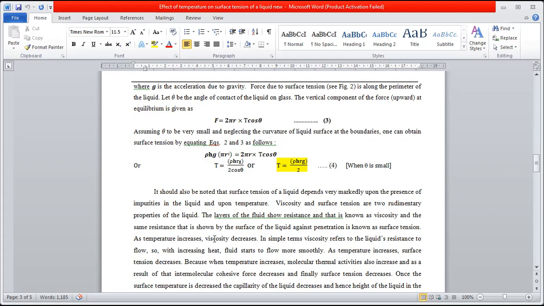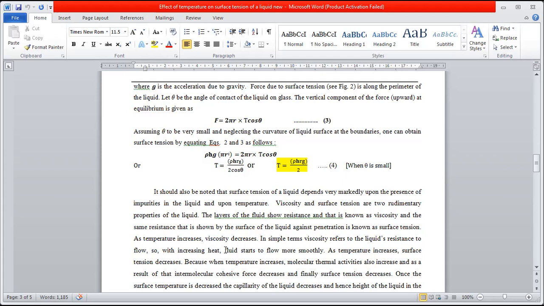And the same resistance that is shown by the surface of the liquid against penetration is known as the surface tension. So the surface of the liquid resists the penetration of things from its top surface. So that gives the surface tension.